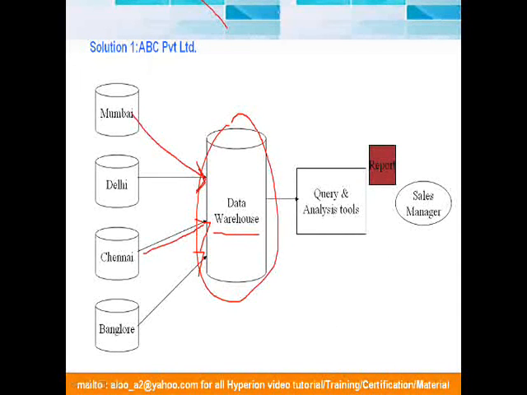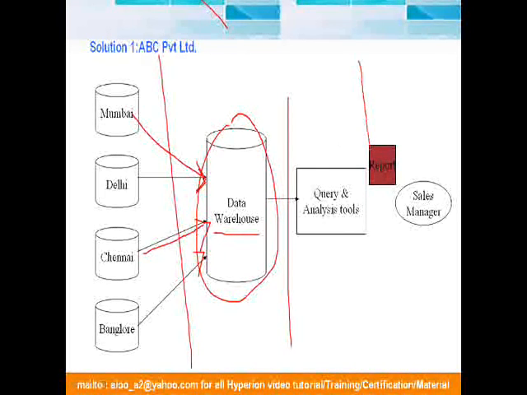We need to organize this data in a way that it could be used for analysis purposes. So there is an additional layer added for query and analysis. Different technologies are used in different layers.